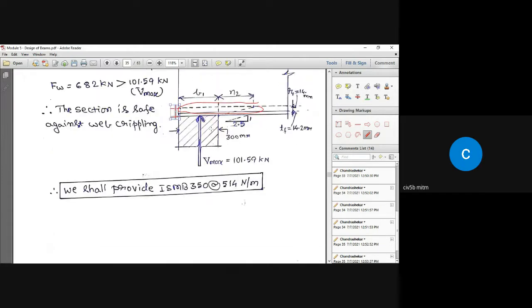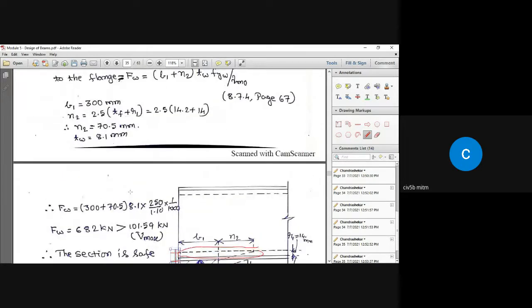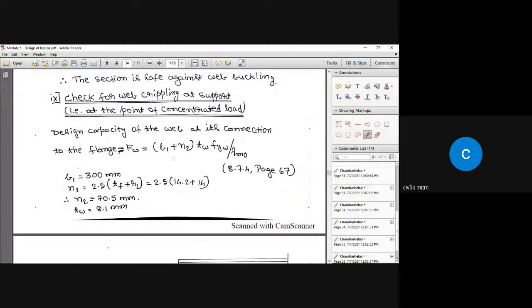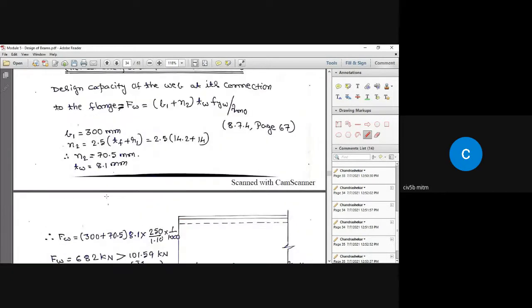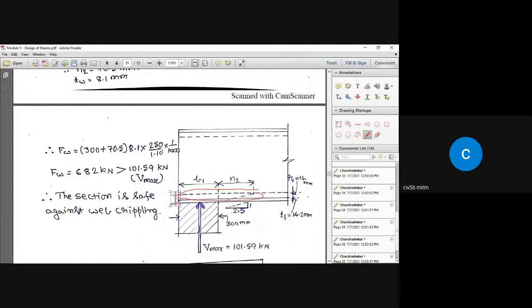Going further, if you look at 8.7.4, page 67, B1 plus N2 multiplied by the thickness of the web multiplied by FYW divided by gamma MO. Substitute all the values. Finally, we get FW equal to 682 kilonewton.